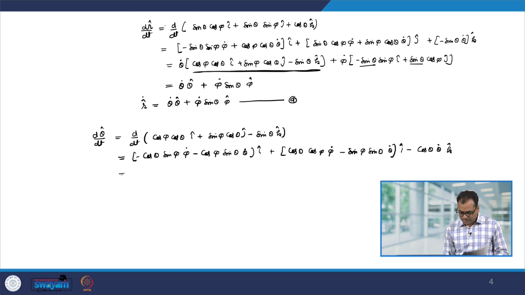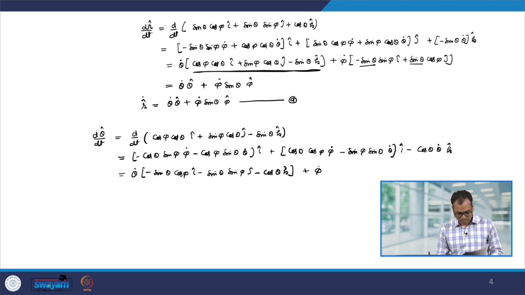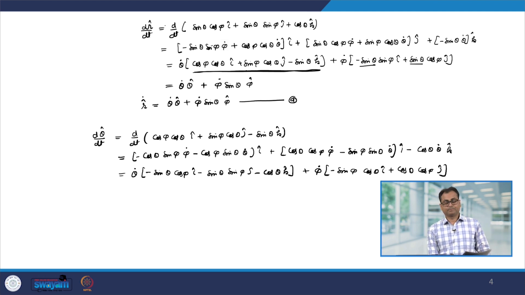And now, I can collect the coefficients of theta dot and phi dot. So, the coefficient of theta dot will be minus sin theta cos phi i minus sin theta sin phi j minus cos theta k, plus phi dot times minus sin phi cos theta i plus cos theta cos phi j.